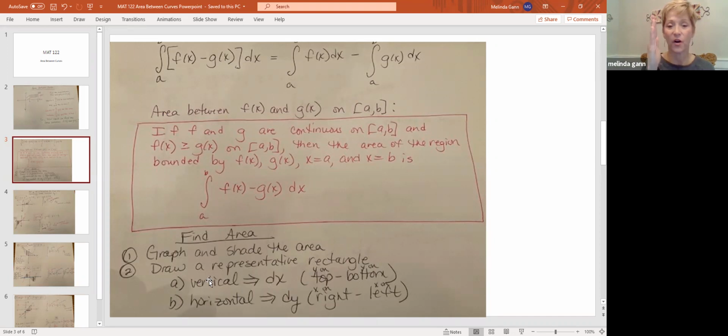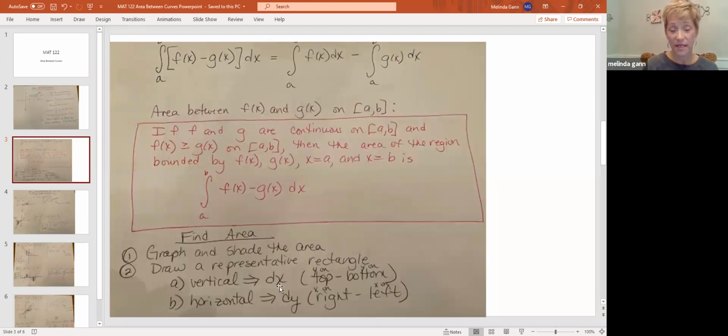If your rectangle is vertical, you have to do dx. If your rectangle is horizontal, you're going to have to do dy. So if I'm doing dx, that means this a and this b are x numbers. If I'm doing dy, that means this a and this b are y numbers. So it only has to do with which way your rectangle is turned. Vertical's dx, horizontal's dy.